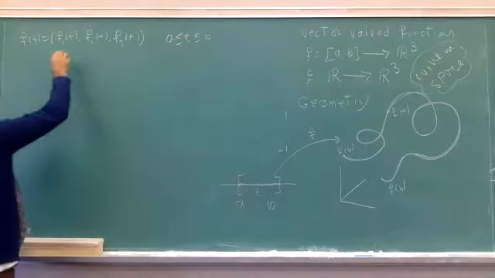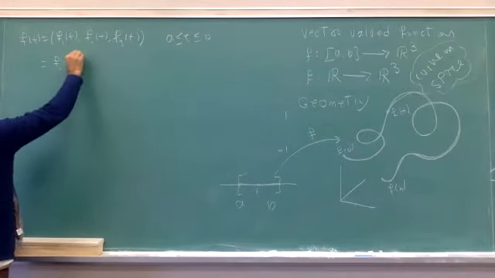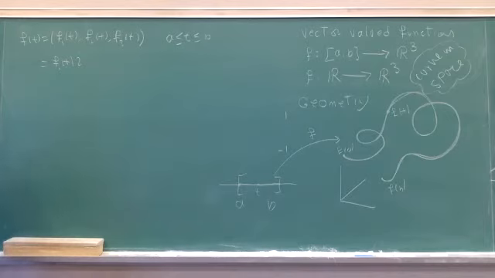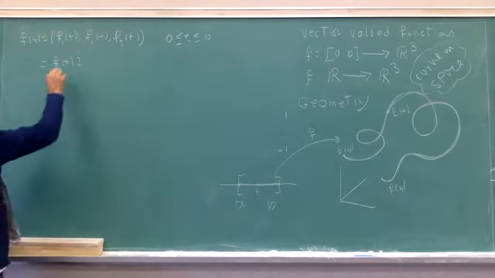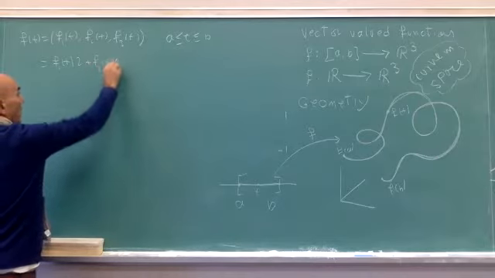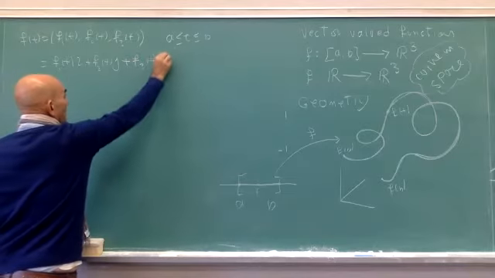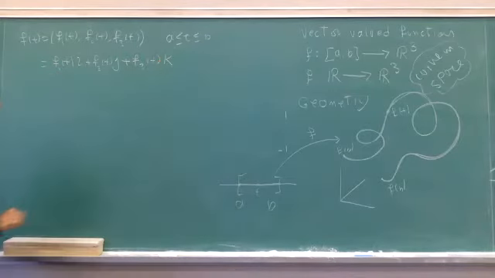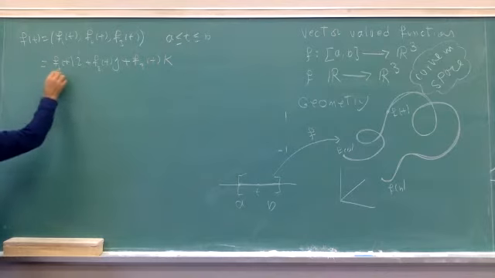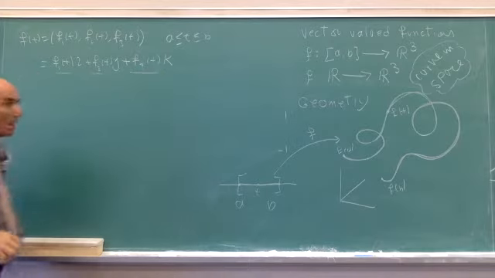Of course, you can also write it as f1 of t i, using those three coordinate vectors, plus f2 of t j plus f3 of t k. So f is given completely by these three functions, f1, f2, and f3.